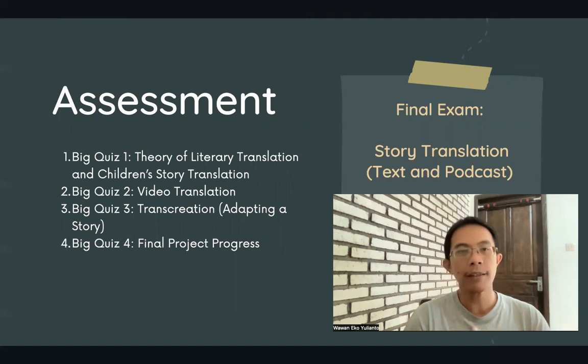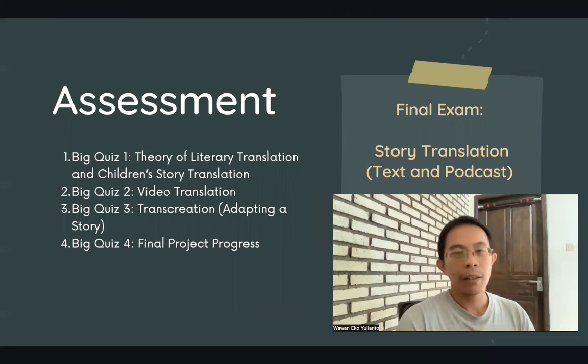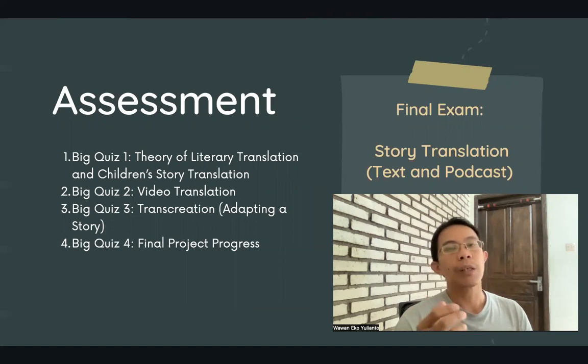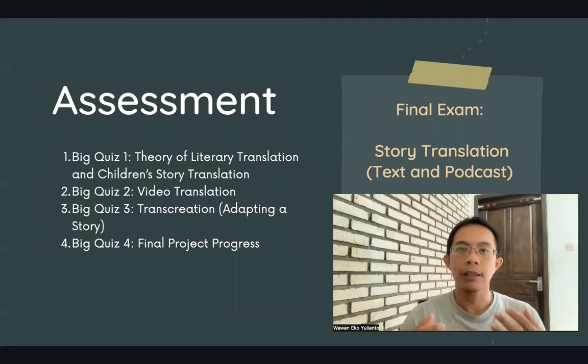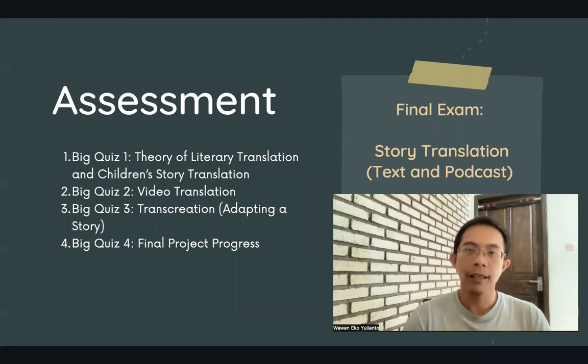The second one is translation of a video clip. You will apply the principles of literary translation. You will learn how to operate a software to translate, to give subtitles. And then you apply the principles in translating one clip.